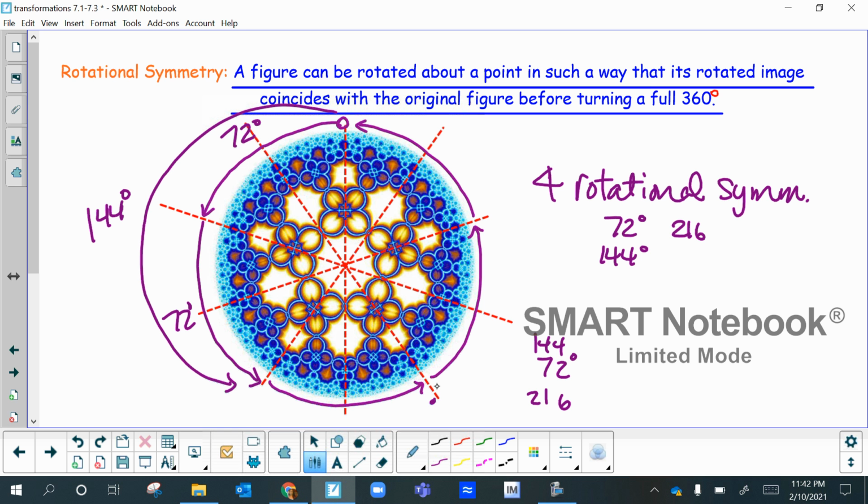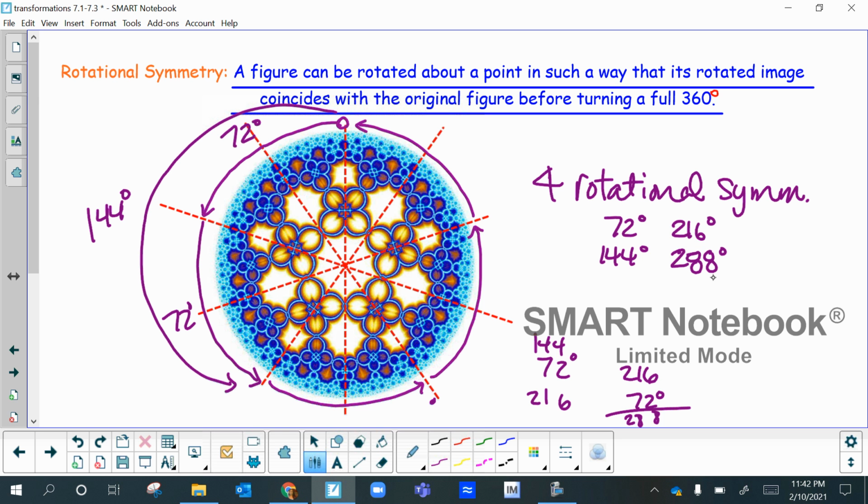And then add one more 72. What's 216 plus 72? 288. Okay, so the 4 rotational symmetries for this particular unique figure are at 72 degrees, 144, 216, and 288.